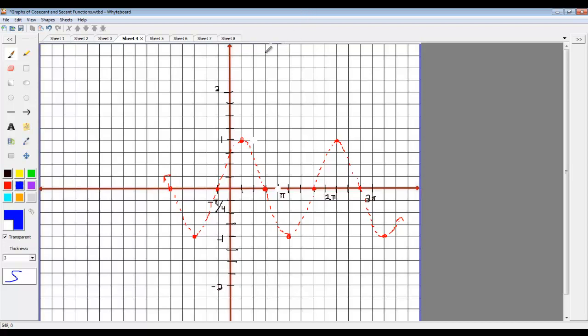But then to do the cosecant, start drawing your vertical asymptotes through the places where you see x-intercepts.